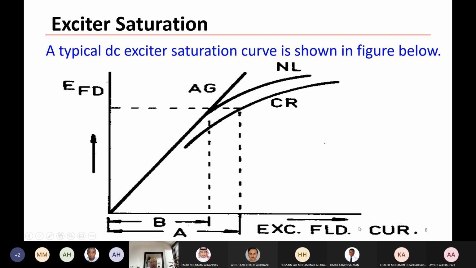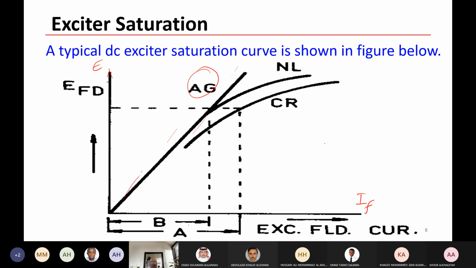You have here the field current, IF, if you still remember this from undergraduate, and this is the E. So you can have E versus IF as the saturation curve. You can approximate it as the air gap line, a linear characteristic.